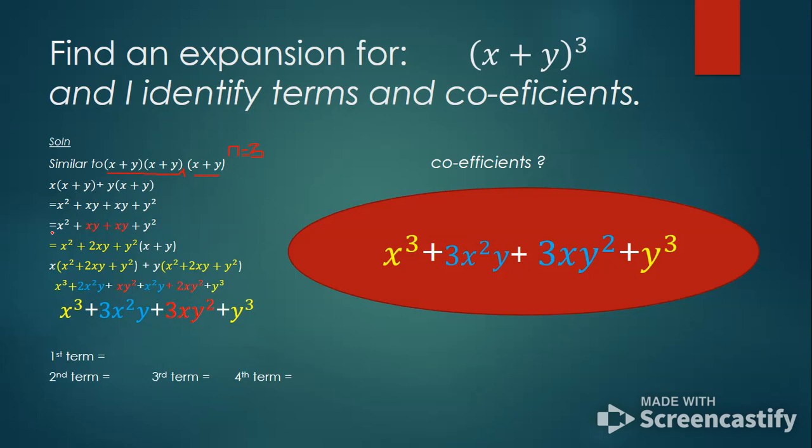We had reached here, our first expansion. Now you multiply by x plus y. This is our step 2. When we expand, we end up getting x cubed plus 3x squared y plus 3xy squared plus y cubed.